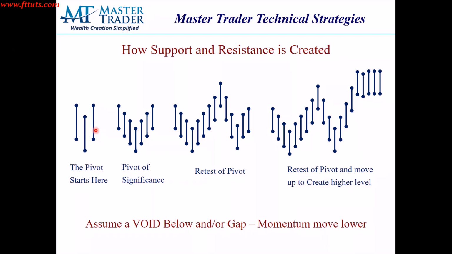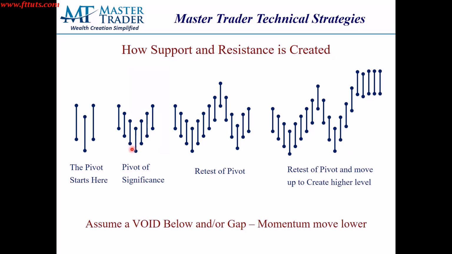Now, how those bars form on either side, it really doesn't matter too much. The way I've drawn them to have been created in a fluid way is the ideal. However, it doesn't always happen that way, and I don't want to get caught up in perfection, so to speak.